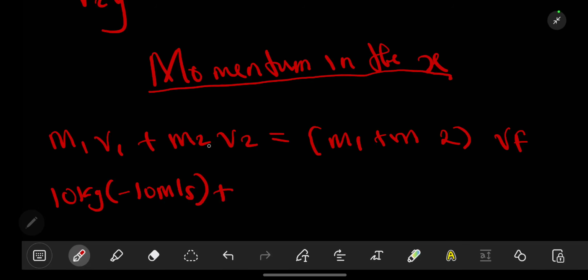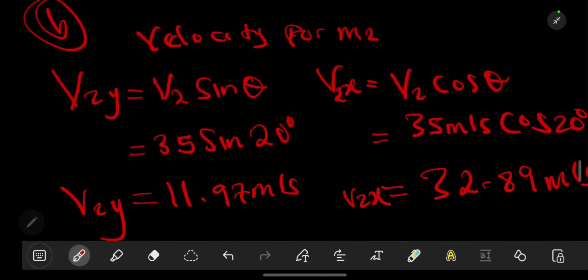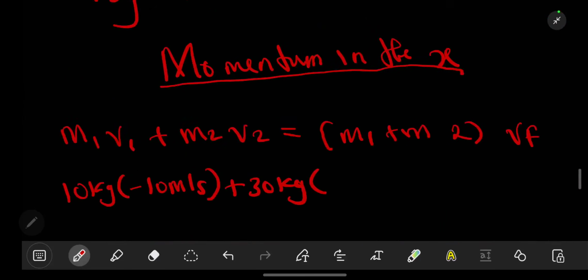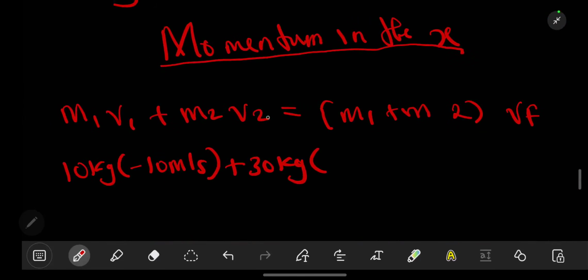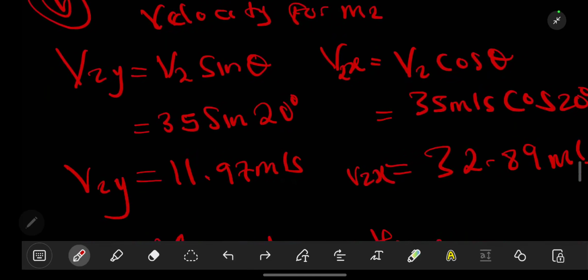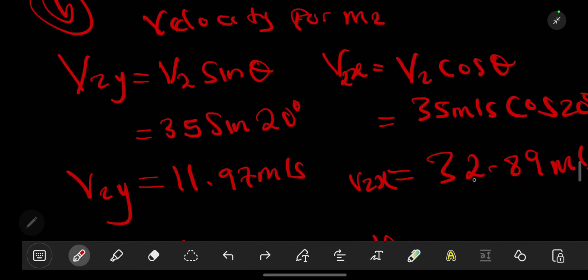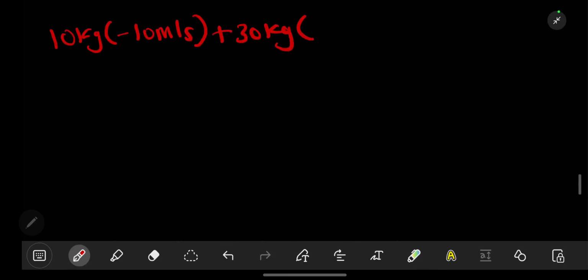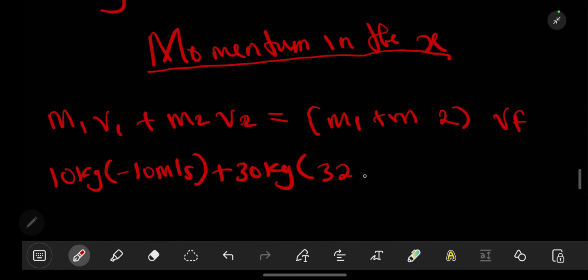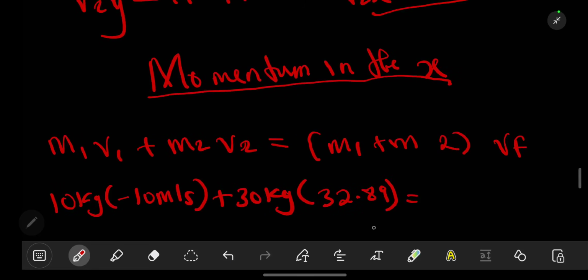Then we have plus our M2 is equal to 30 kg. Then we have our velocity number 2, we are dealing with the x for M2. So the velocity in the x for M2, we have found it to be 32.89. So we are going to say 32.89 should be equal to the summation of the masses.